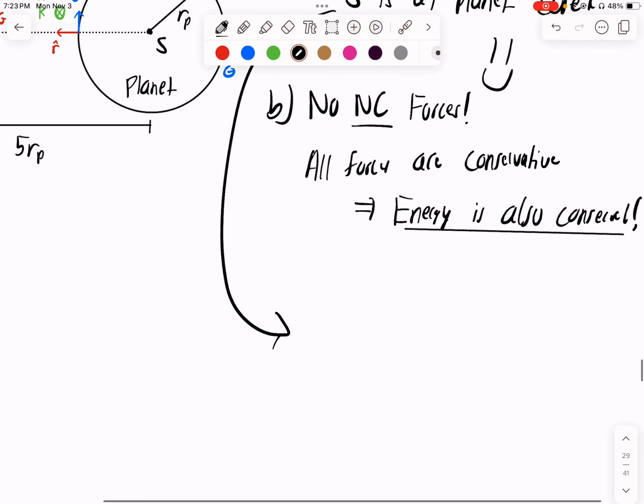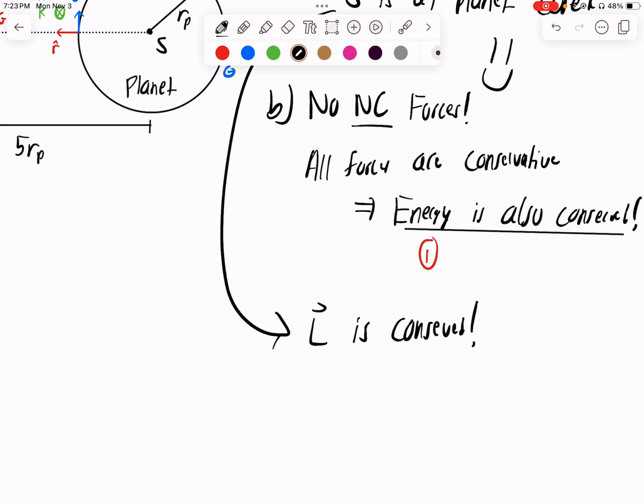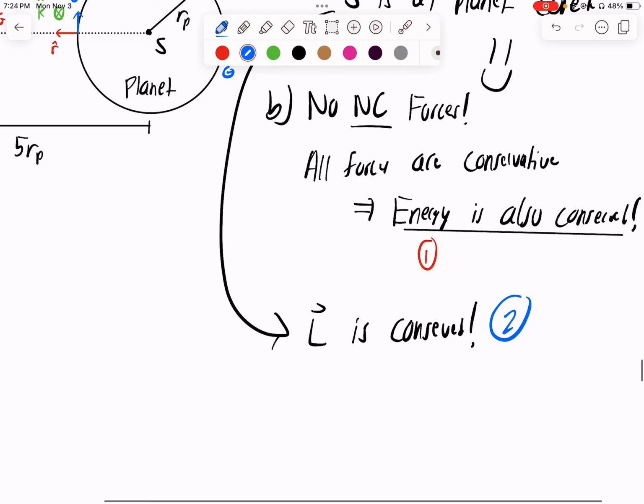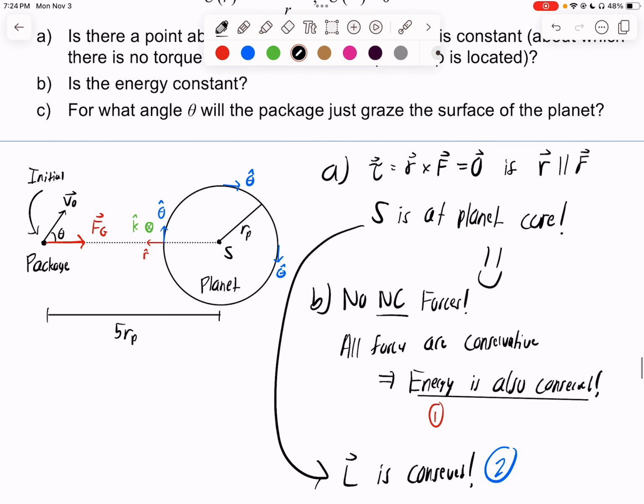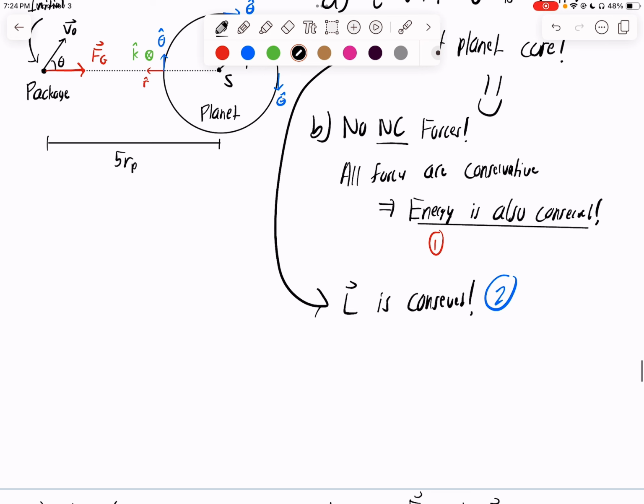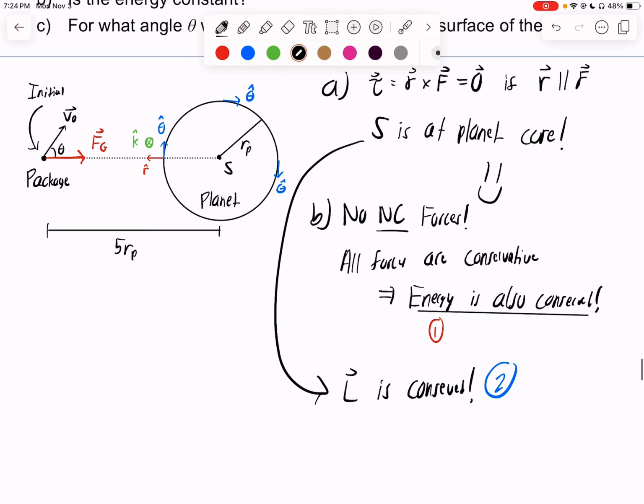So both energy and angular momentum, L, are conserved. Nice. So we can write an equation for the energy balance and an equation for the angular momentum balance of the package as it's tracing its path towards the planet.